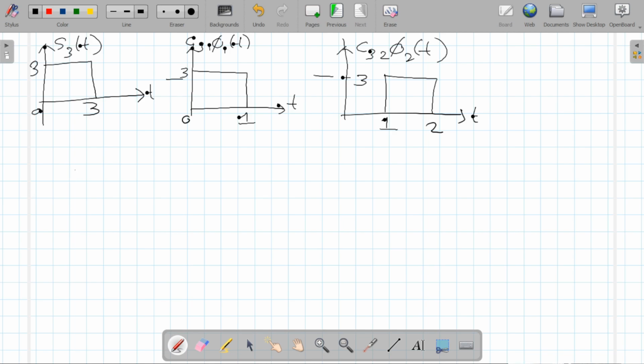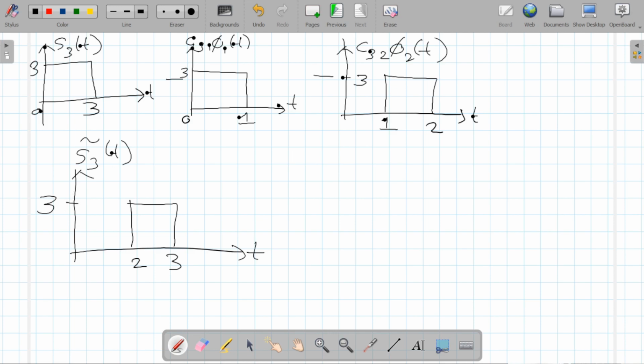If we subtract, we get a signal from 2 to 3 on the time axis with S3 tilde amplitude as 3.